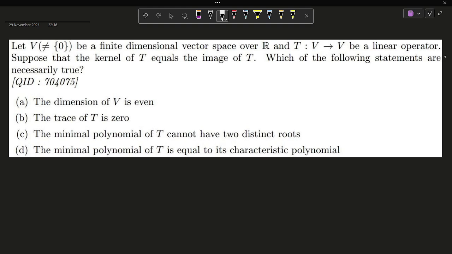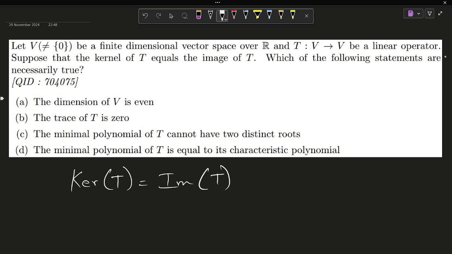Suppose that the kernel of T equals the image of T. So this is the key point of this question, that is, the kernel of T is equal to the image of T. Now which of the following statements are necessarily true?